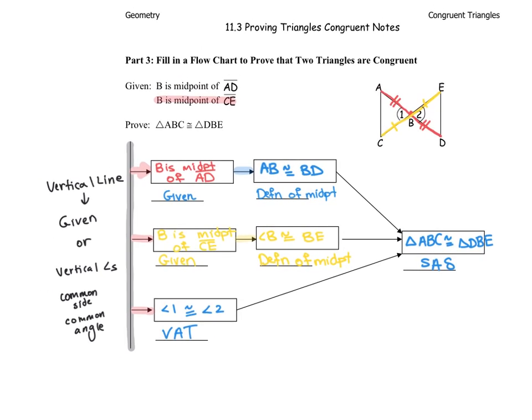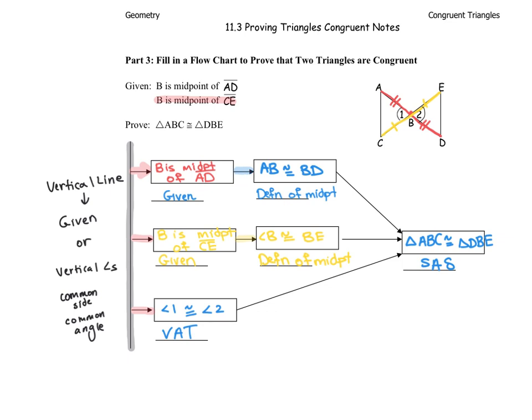You will have a vertical line. From the vertical line, you can write inside the box whatever is given or whatever you can determine from the figure. Something you can look at the figure and say, oh, 1 and 2 are congruent because they are vertical angles. You put the statement inside the box and the reason beneath the box.